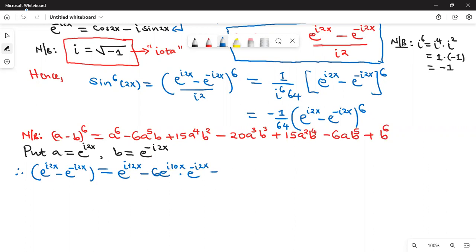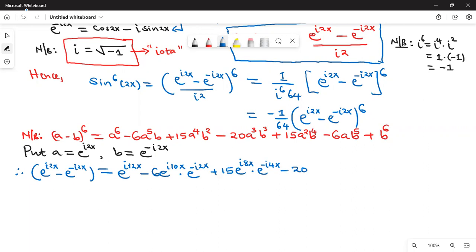Then there's 15. A to the power 4 is exponential i8x, b squared will give us exponential negative i4x. Then minus 20.